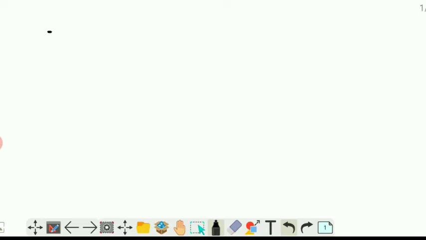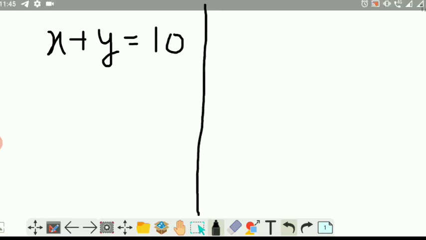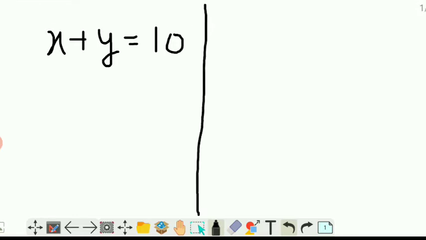An equation is given to you, x + y = 10. This is a linear equation in two variables. And another equation, 5x = 12 + x, is a linear equation in one variable.